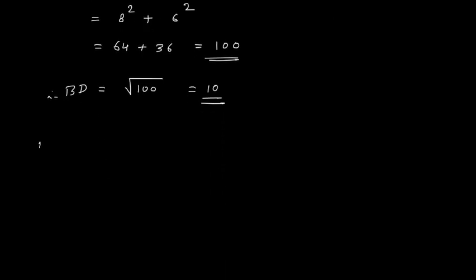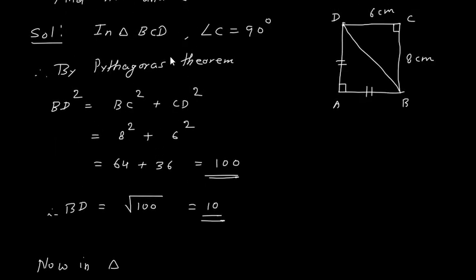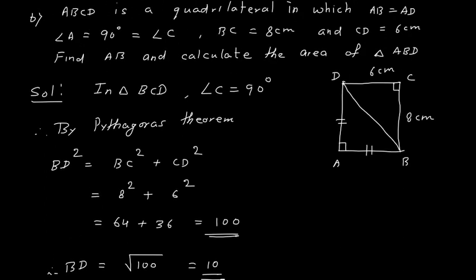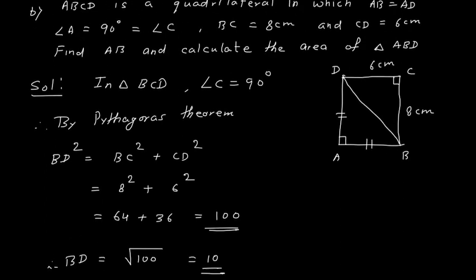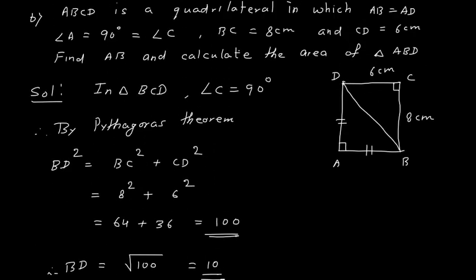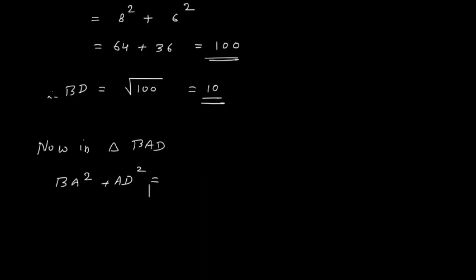Now I will consider triangle BAD. In triangle BAD, BA square plus AD square is equals to BD square. Now here we must mention that angle A is 90 degree, and the reason is Pythagoras theorem.